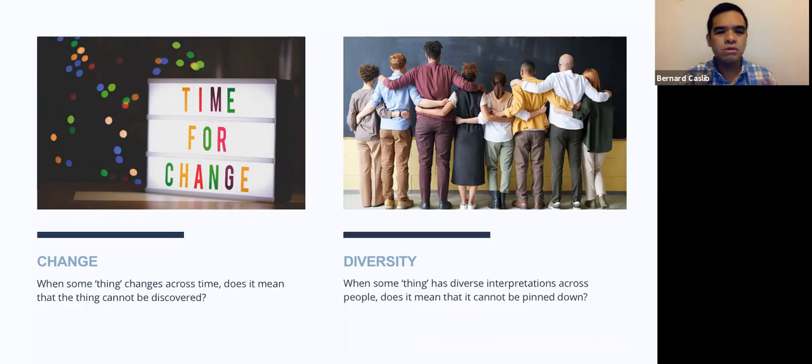These two, change and diversity, pose a great challenge for the study of ethics. Is there really right and wrong, good and bad when it comes to actions or even to dispositions or character? So that is what we're going to find out as we explore this field of study.